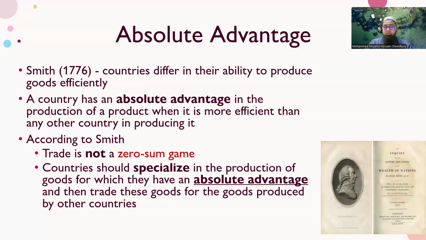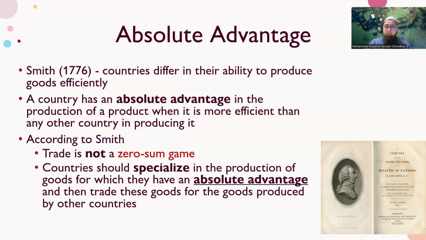So let's say China and USA. Absolute advantage means we have some comparison between countries. China has the absolute advantage in producing ready-made garments, so they should specialize in it and produce much more of it.